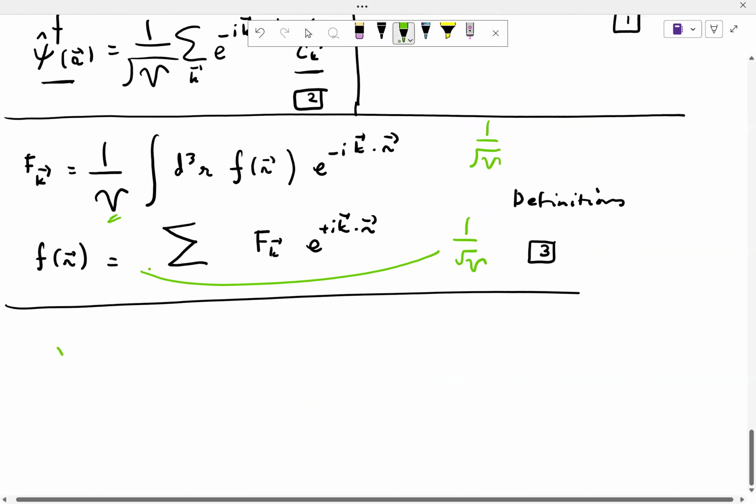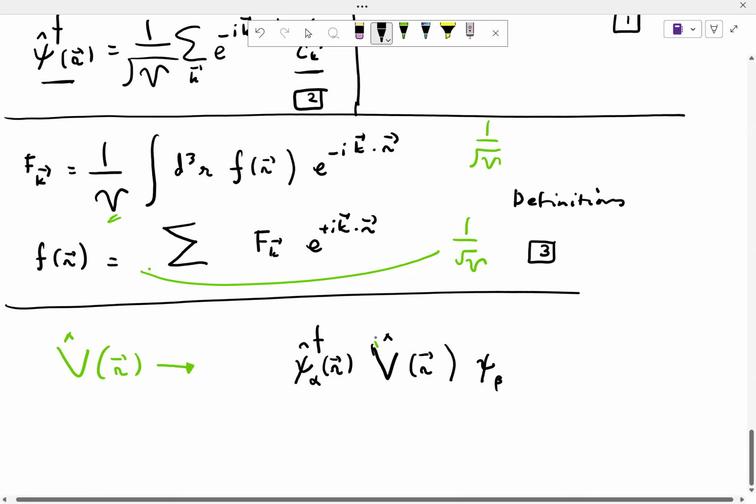So my V(r) in the second quantization form can be written in the following fashion. V(r) is an overlap between alpha and beta. Now my alpha and beta are the field operators. Psi alpha(r) dagger, psi beta(r).